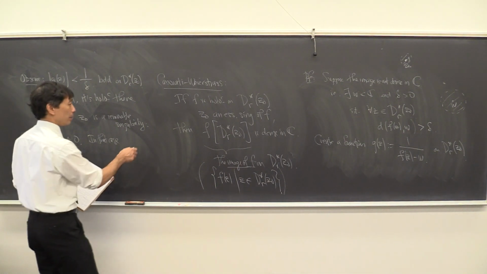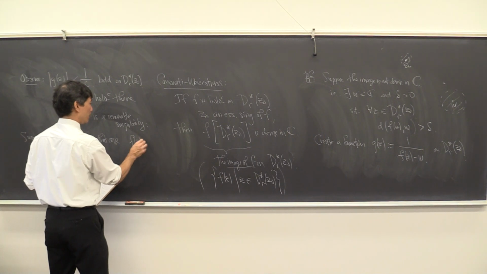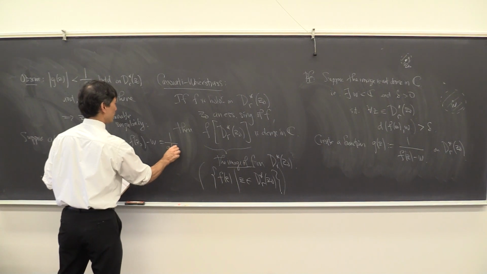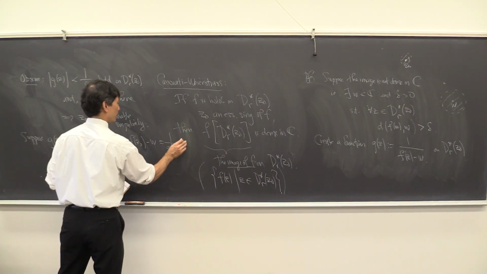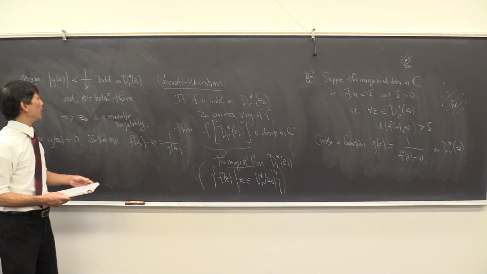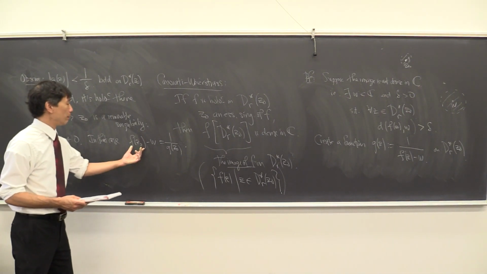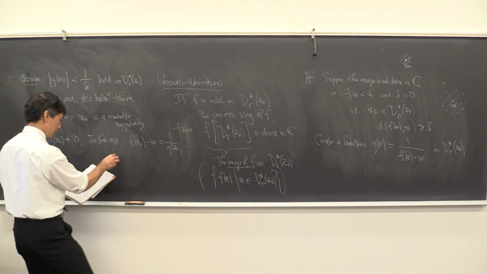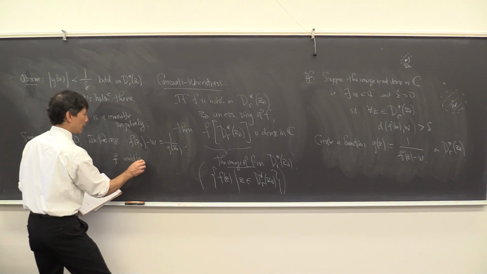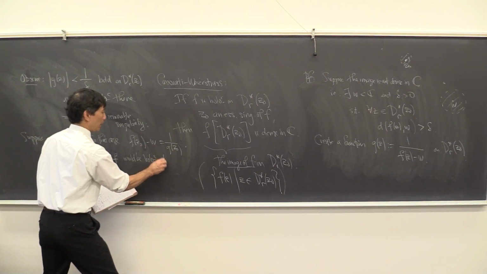So f of z naught minus w is 1 over g of z naught, and f would be extendable to a holomorphic function at z naught.